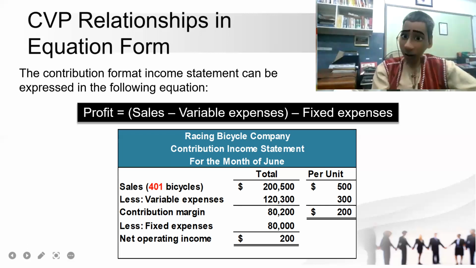That is how we can easily evaluate our profit. As you can see in this formula, on the black background, profit is equal to quantity sales minus variable expenses minus fixed expenses.